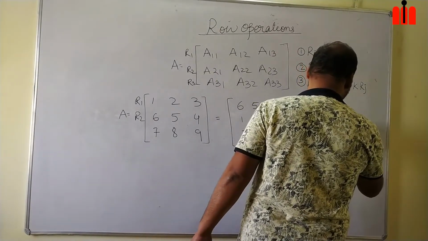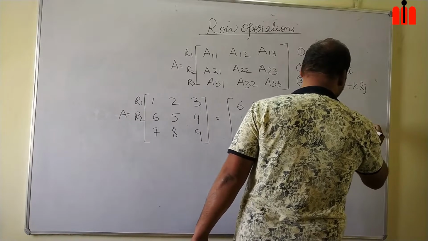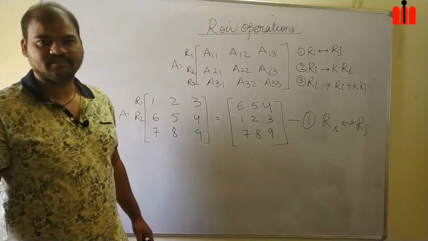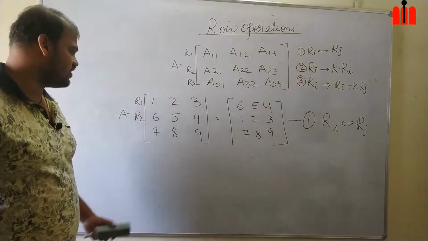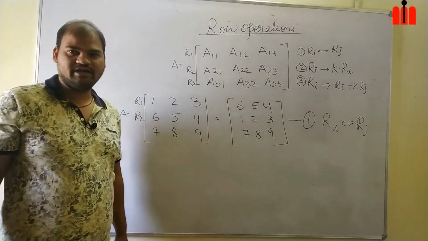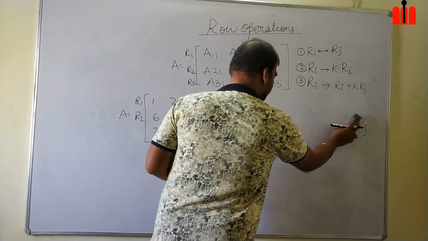So this is my first operation, where Ri is interchanged with Rj. We had interchanged R1 and R2. Now let's go to the next operation.